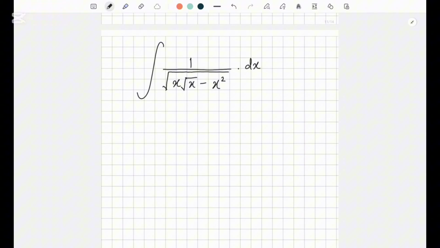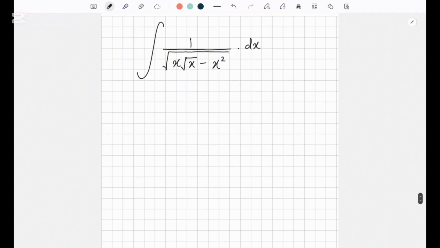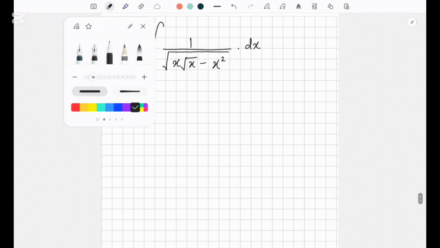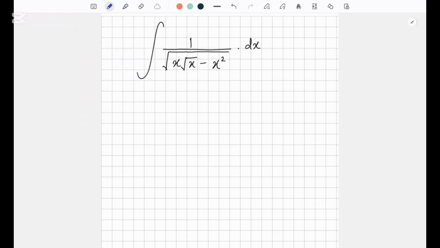So let's get on with this question. This is an MIT question. What you can do first is look at the denominator.